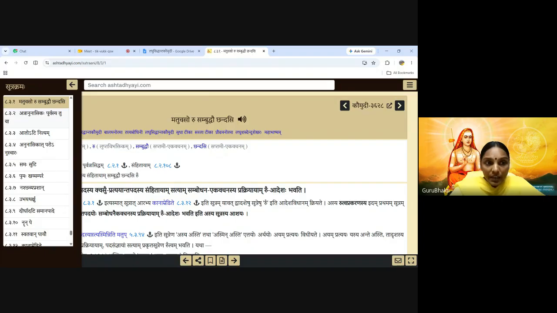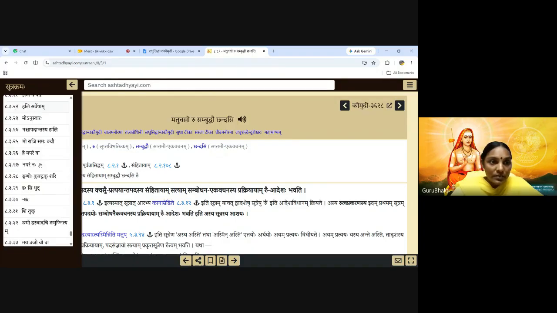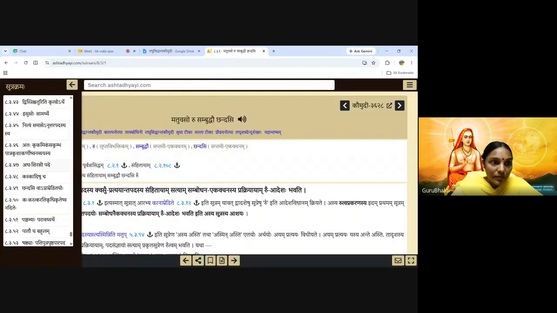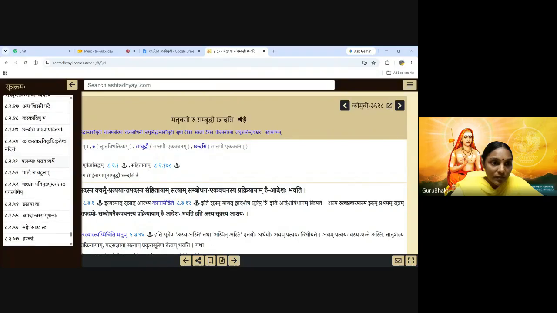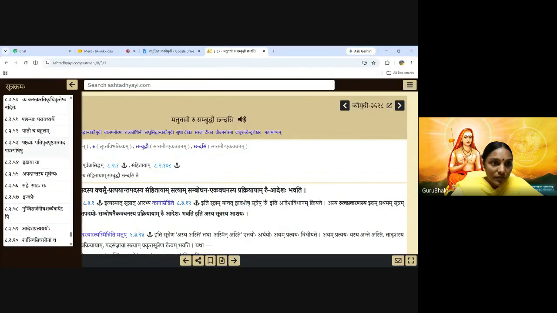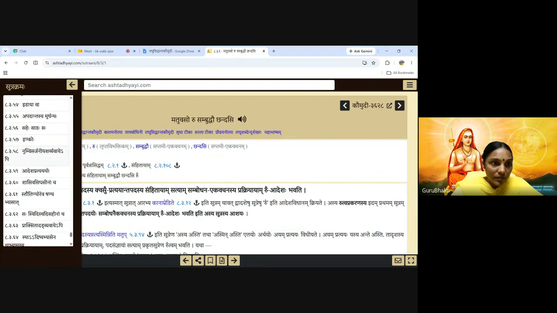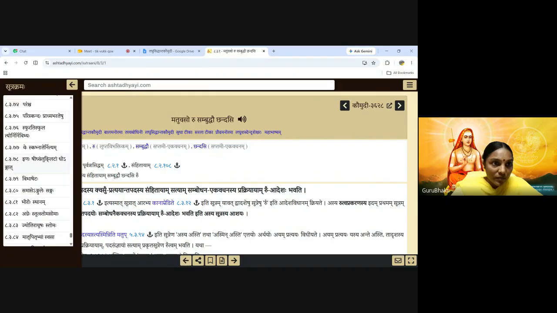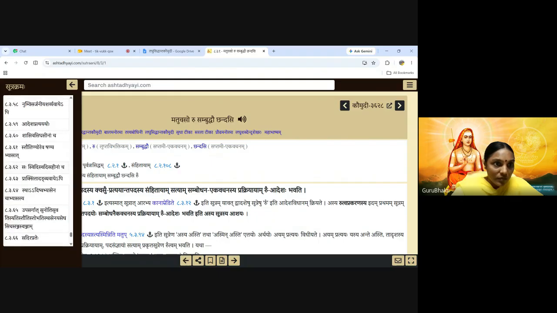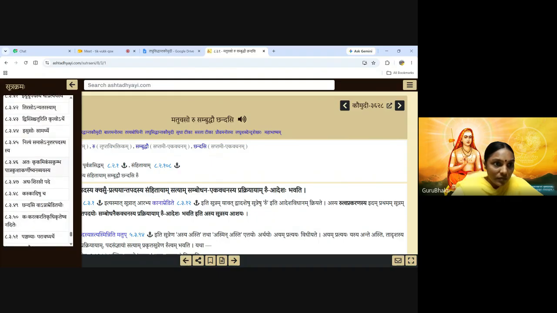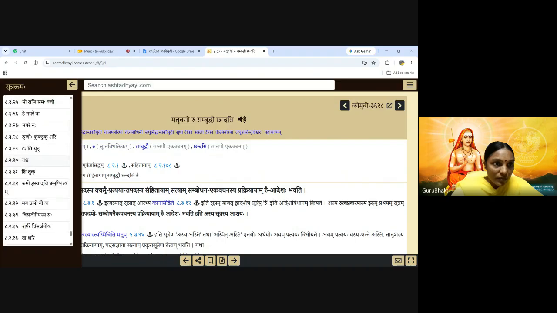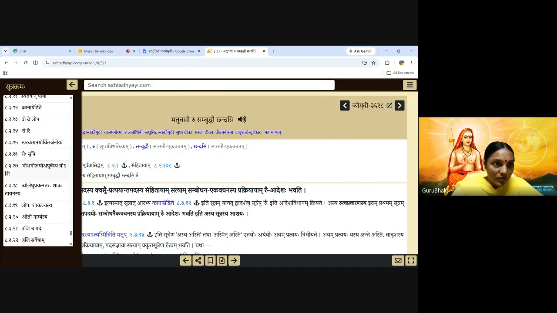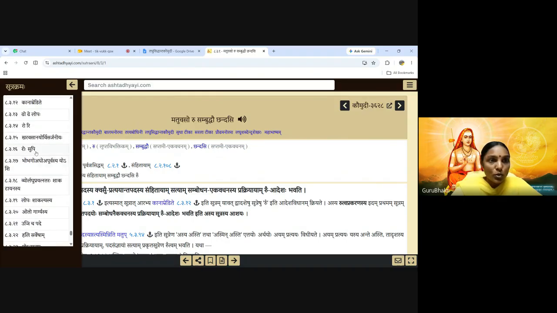So from here, there are some sutras under this Rutva Prakarana, up to Roho Supi.